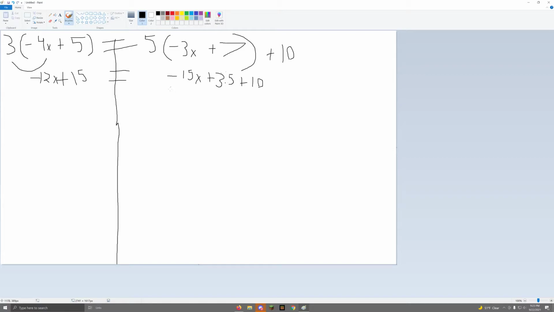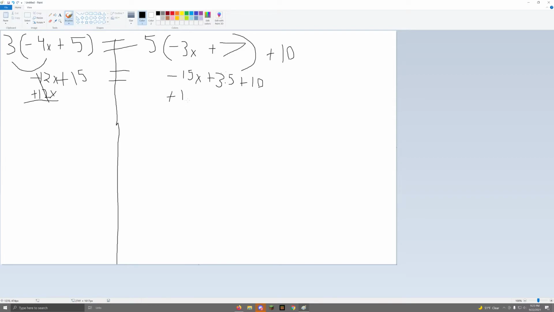So what we do here is we would take, preferably you can do this either way, but it is easier to take the smallest number and take the sign it originally has and change it to plus 12x. Now, because we're moving this over to here, we have to get 12x canceled out. So we just add 12x to the negative 12x, which would equal 0, and that would cancel out.